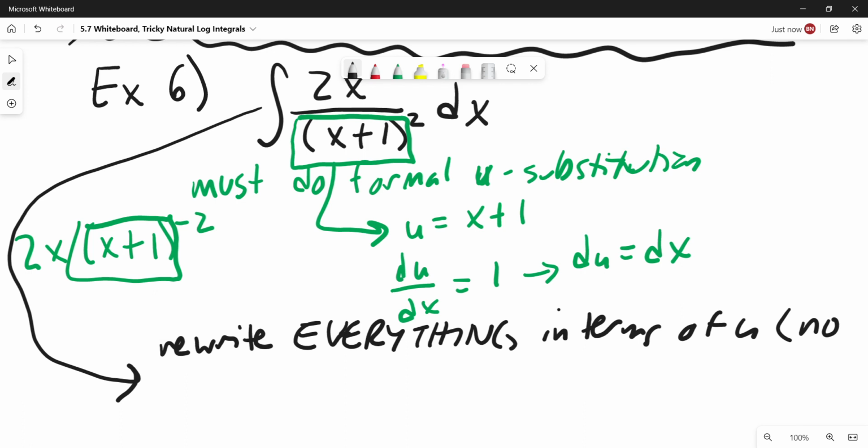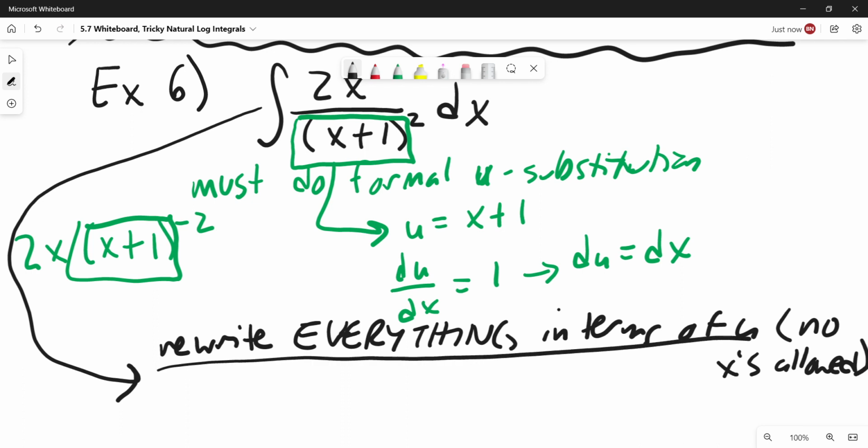So no x is allowed to remain. So our 2 times x, well, what is x? I got to rewrite x in terms of u. If u is equal to x plus 1, x is equal to u minus 1, right? We just subtract 1. So x equals u minus 1.